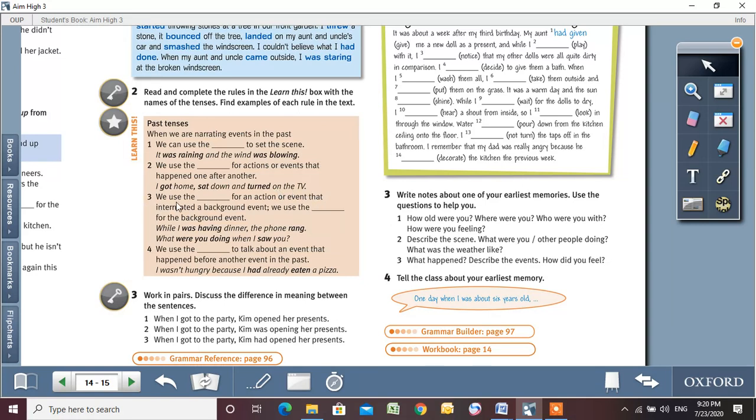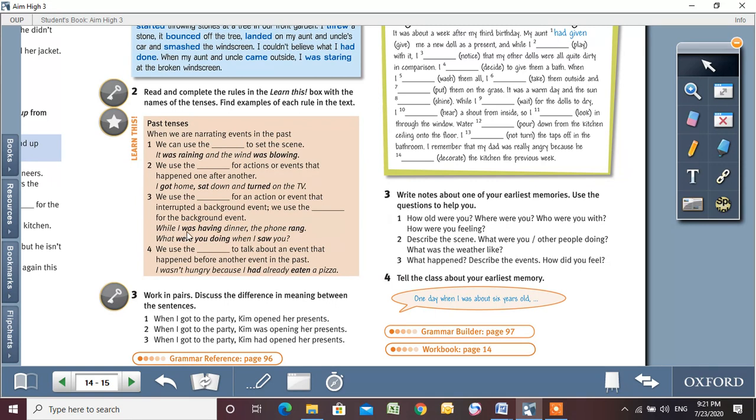Number 3. We use the past continuous for an action or event that interrupted a background event, and we use the past simple for the event that interrupted it.